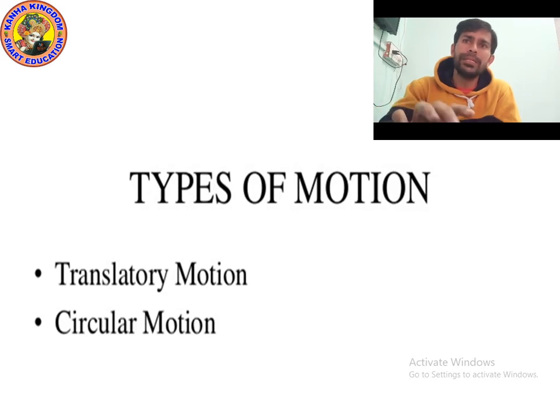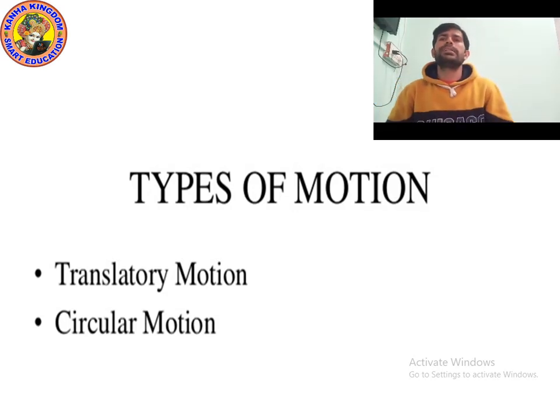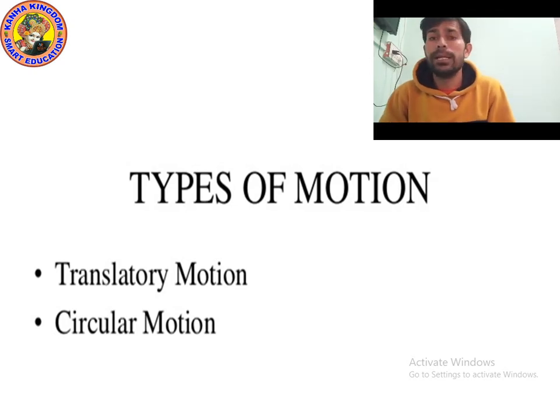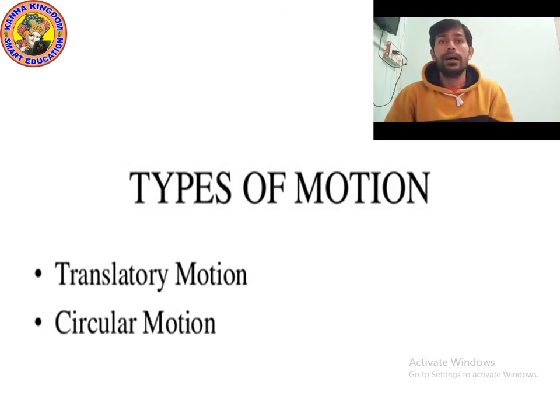So how many types of translatory motion? Check out the spelling of translatory motion, kids. There are two types of translatory motion: rectilinear motion and curvilinear motion. What is the spelling of rectilinear motion?